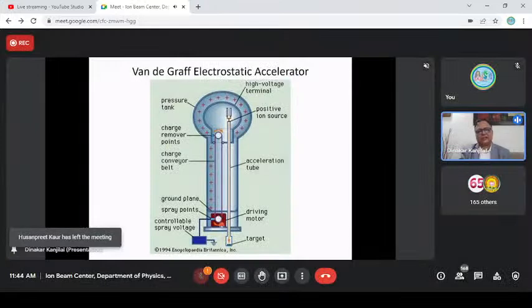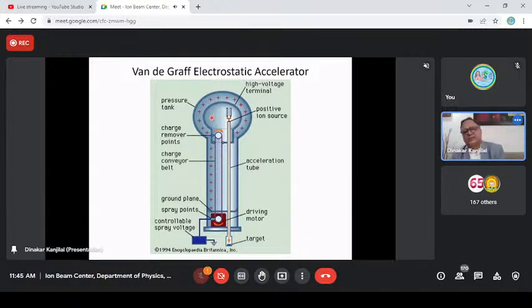Charge is carried by a belt and charged up. The system has a certain well-defined capacitance C, and if you put on a charge Q, then you know what the V is.